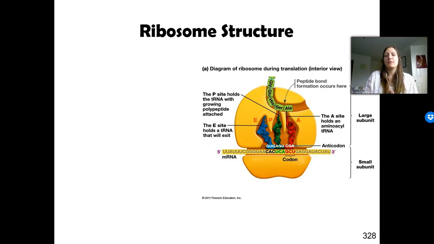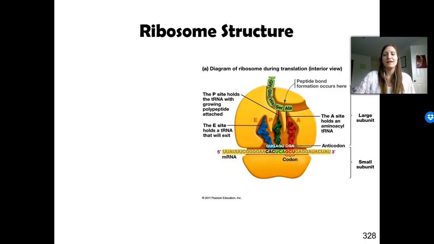Now the ribosome, in more of this animated picture, looks very globular on the outside, but it has very specific active sites and very specific locations on the inside. And these locations are designated for tRNA molecules. So before I pull up the text, just to show you, here's that small subunit. You see there's really nothing happening there.